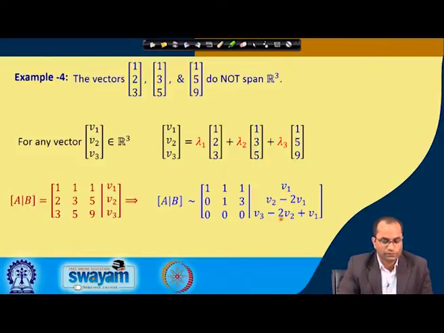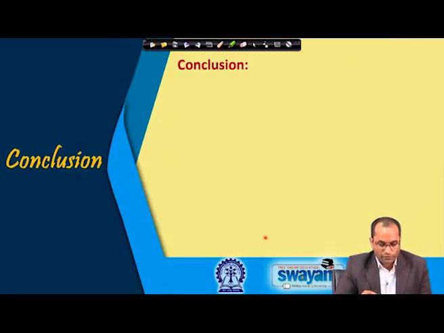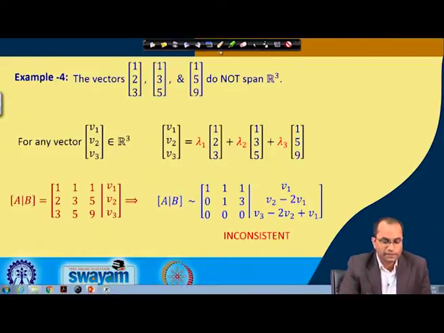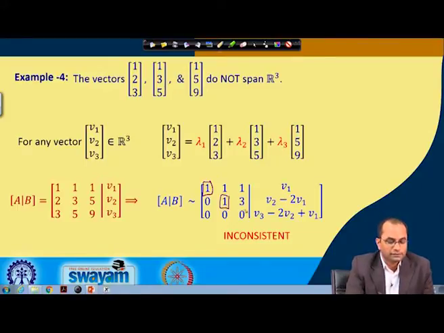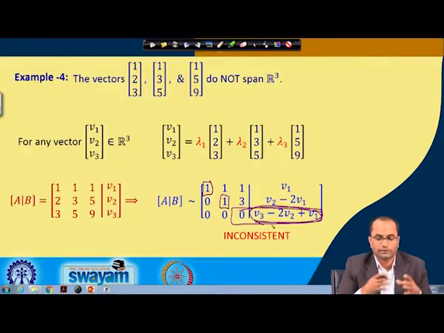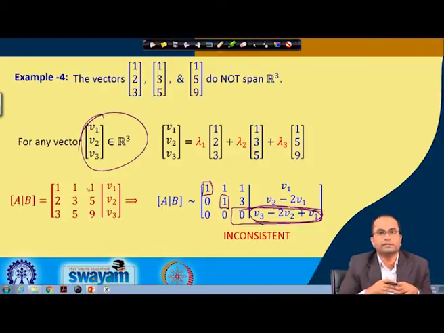Now what do we observe in this case? Here we have a pivot, here also we have a pivot, and thus, forget about the pivot, we have the inconsistency here. Inconsistency, because these V1, V2, V3 can be any real number, since our vector is an arbitrary vector from R3.